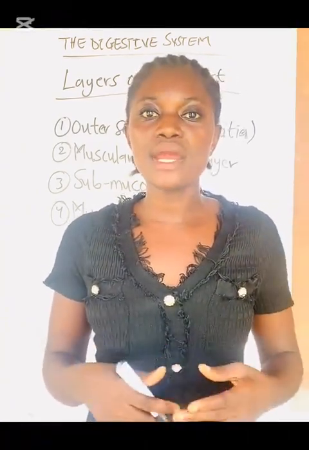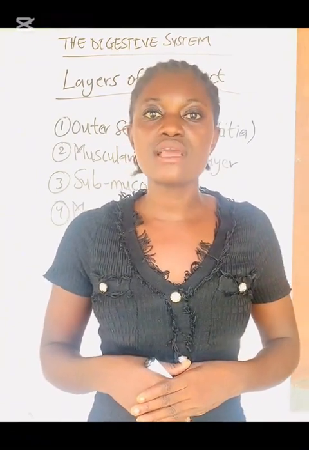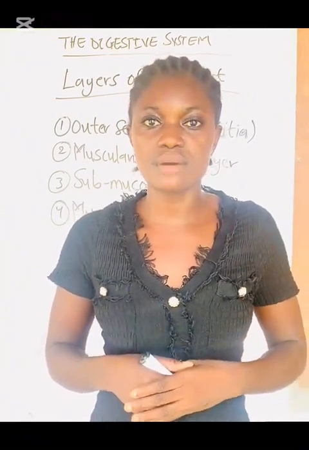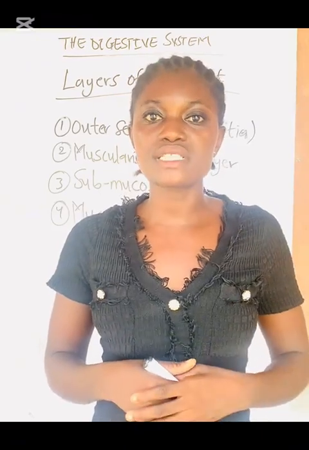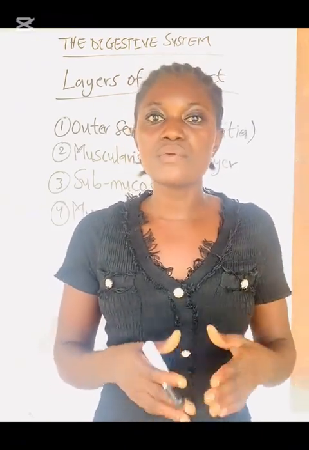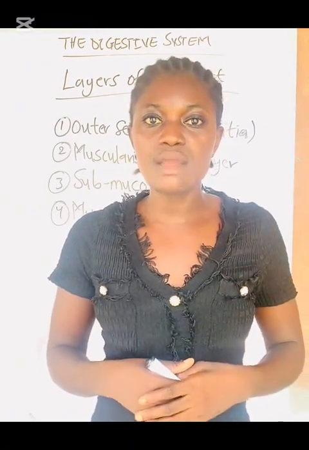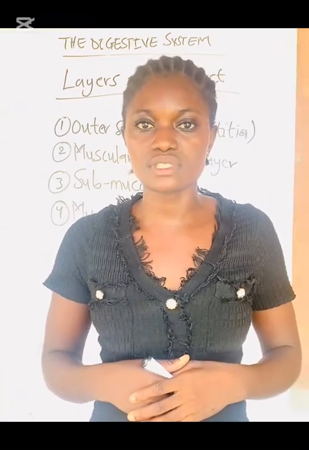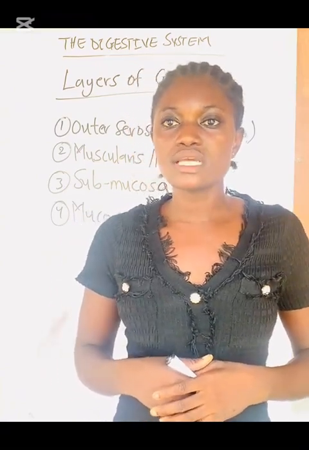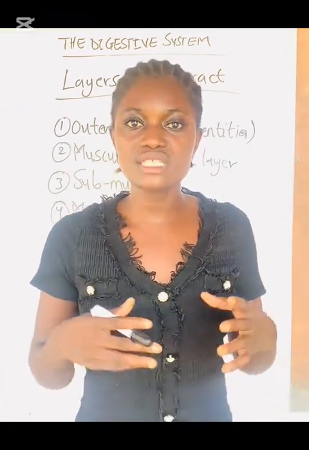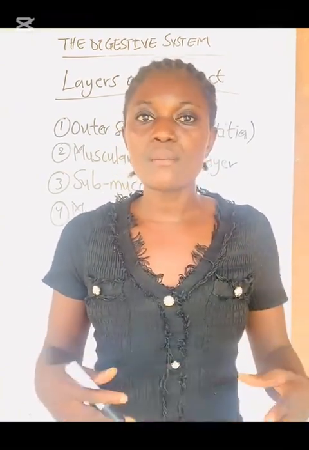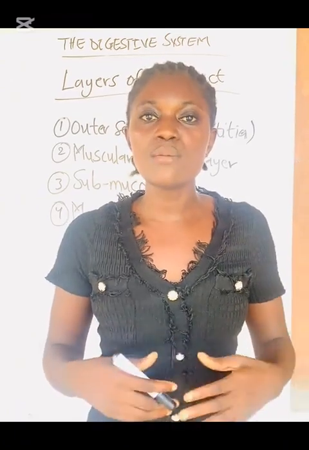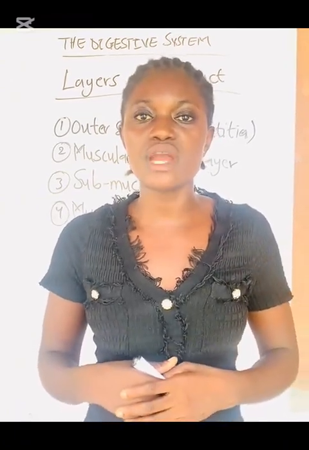The brain of the gut is the same as the enteric nervous system or the parasympathetic nervous system. This nervous system or nerve plexus enables the GIT to secrete its fluids when necessary.